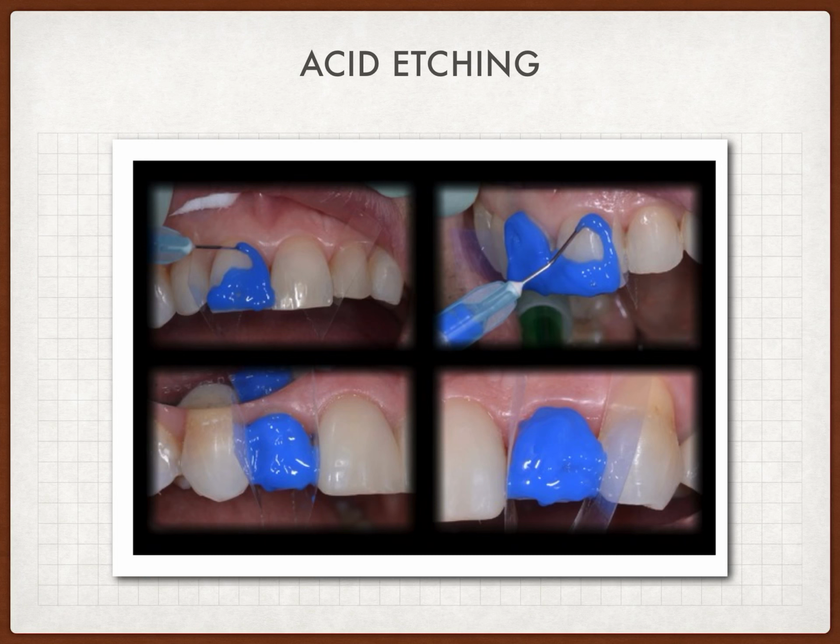When we apply the acid etching procedure, it will condition the tooth surface, and when it conditions the tooth surface, it increases its surface energy. By increasing the surface energy of the tooth structure, it will decrease the cohesion forces of the droplet of liquids.